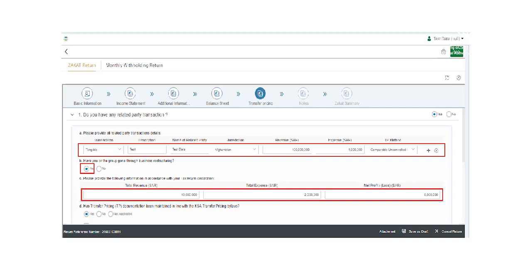And then you have to select the type of transaction, if that's revenue or expense. What we mean here is, is it inflow or outflow? Then you have to identify that and add the right figure, of course, in full amount here, whether it's expense or revenue. And the last thing, you have to select the method that you have used in order to assess the arm's length value of this transaction.